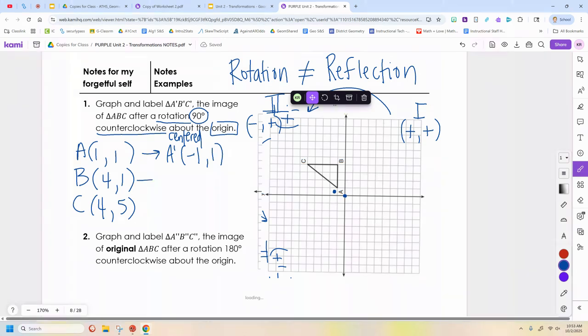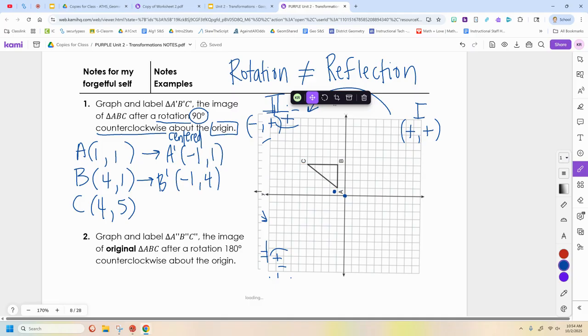Yes, okay, so let's see what's going on with B prime. B prime is back 1, up 4. Back 1, up 4. So the negative positive makes sense. Look what happened to the X and the Y. They swap. Do you see that they swapped?